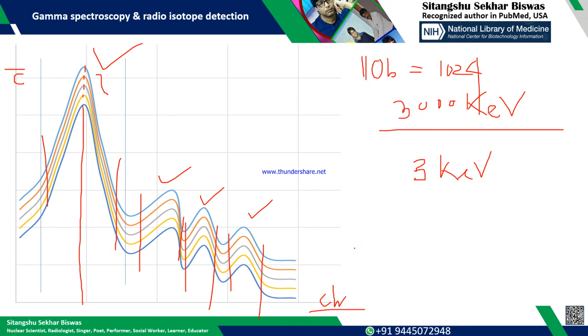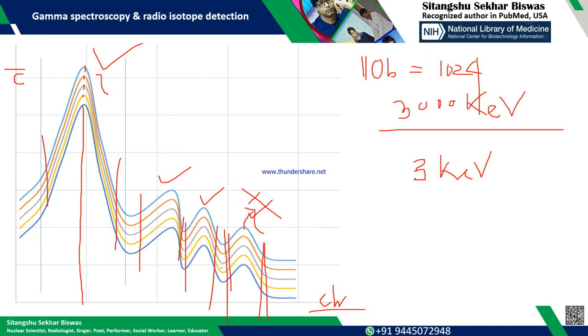Now, if you want to find out the counts, then what you have to do: say this peak is indicating an isotope x. To find out the number of counts, you have to integrate from this to this.